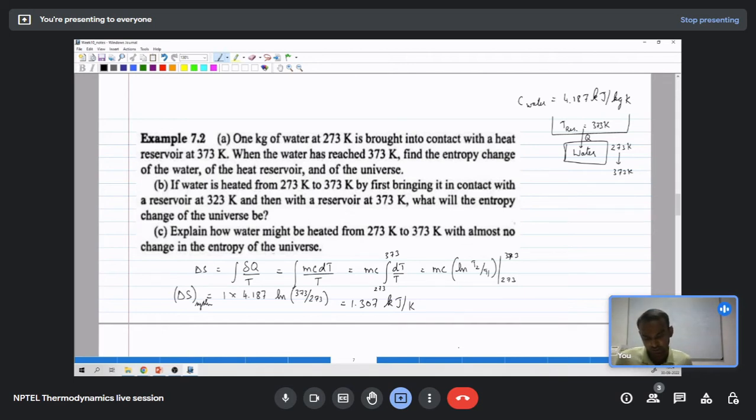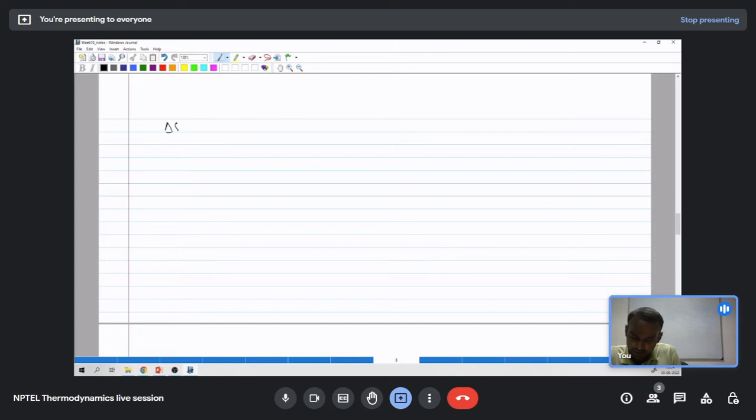Now we can calculate the entropy change for the reservoir. Delta S for the reservoir is equal to, again, integral del Q by T, and here del Q has to be calculated, and T was constant throughout the process, which is 373 Kelvin.